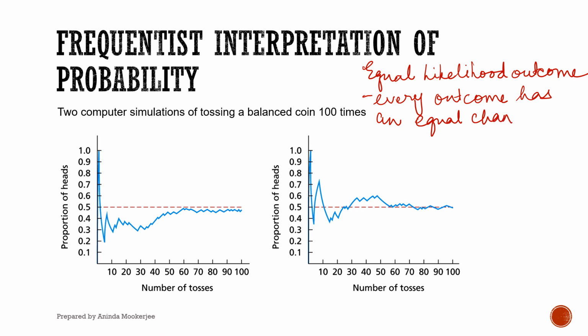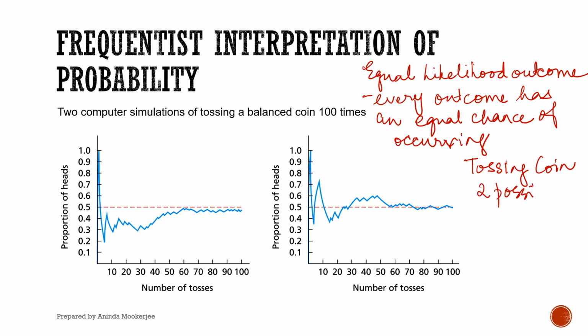So let's take the experiment of tossing a coin. When we toss a coin, there are two possible outcomes. That's our N. Two possible outcomes, head or tail.